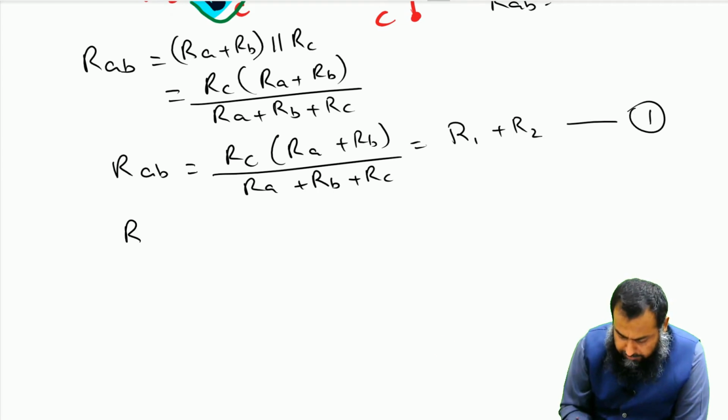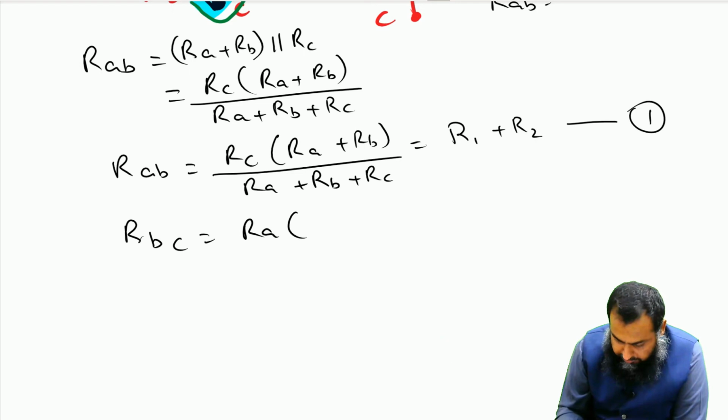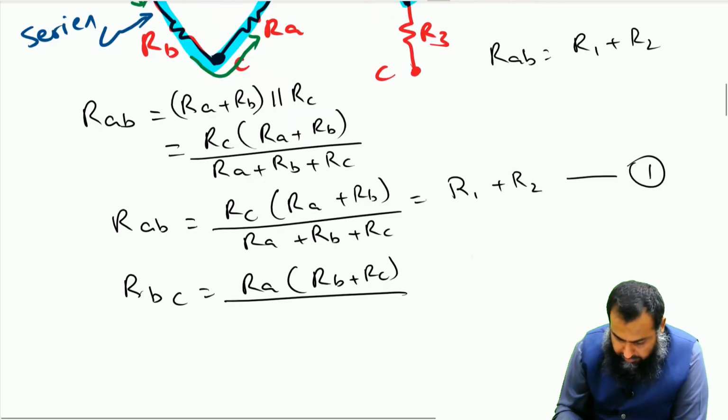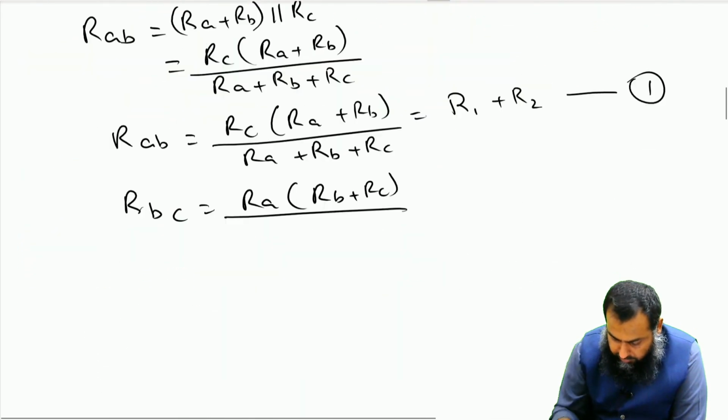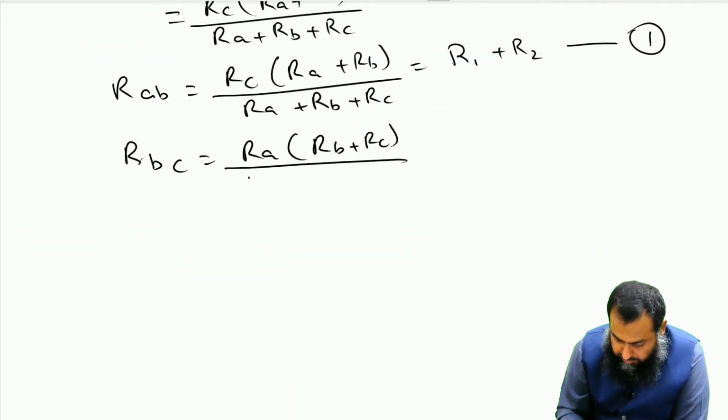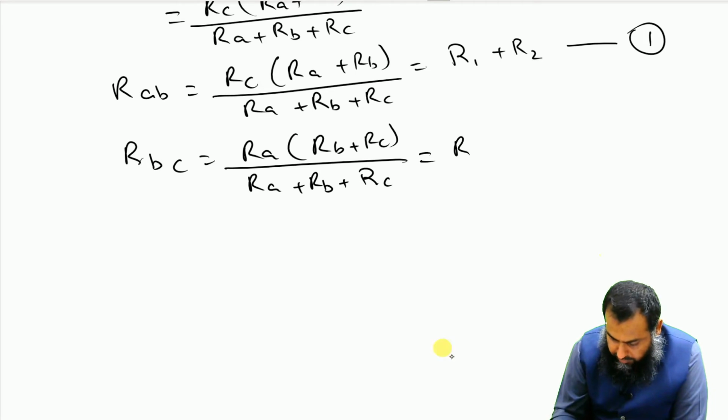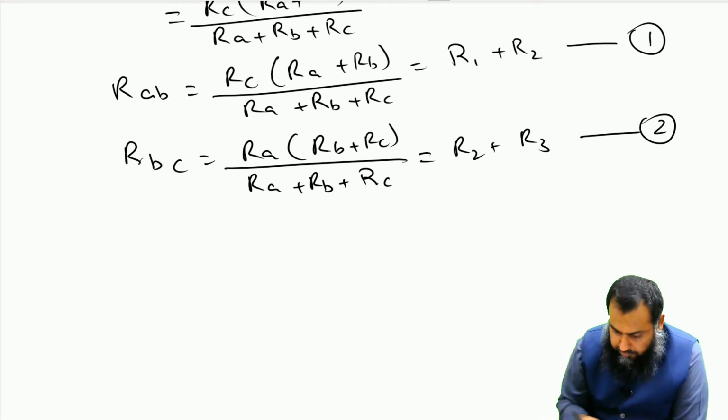Similarly, I can say that RBC is equal to RA into RB plus RC divided by the sum of all the resistances RA plus RB plus RC, and that is equal to R2 plus R3. Let me call this equation number 2.